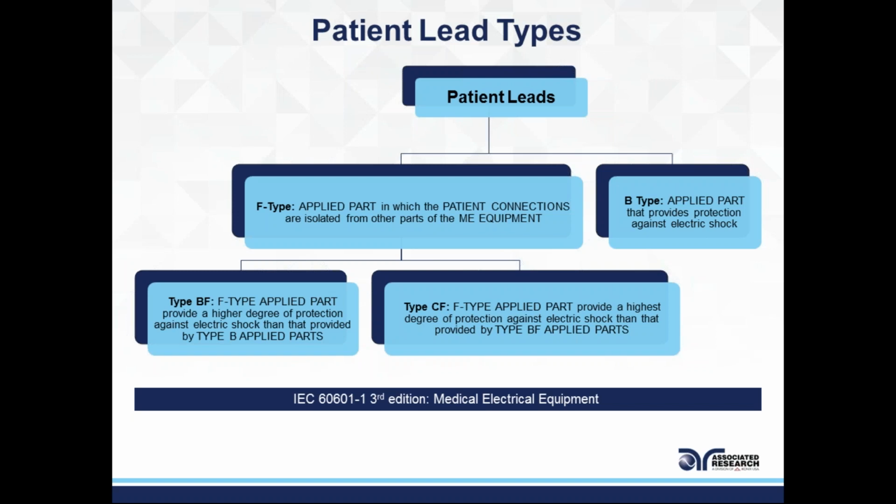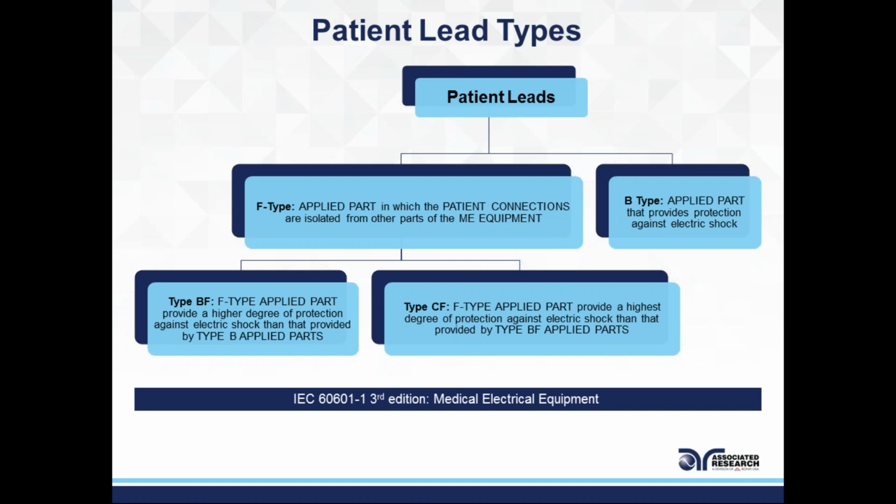You could also have any kind of metal enclosure part or metal chassis product that is grounded, and since it has an applied part that's also ground referenced, this could be considered a type B applied part, meaning that it only has a ground reference point as its means of protection.